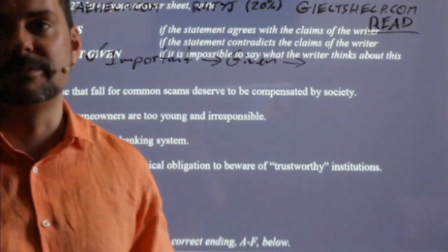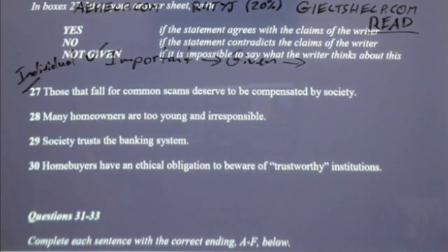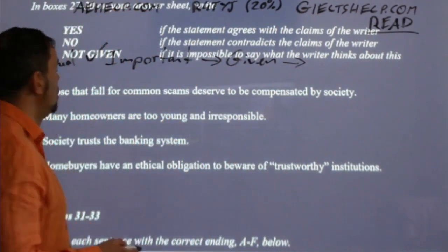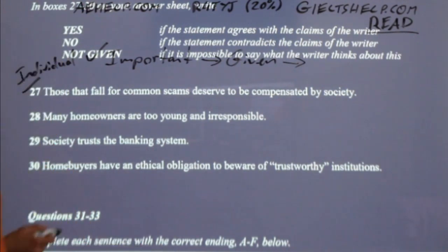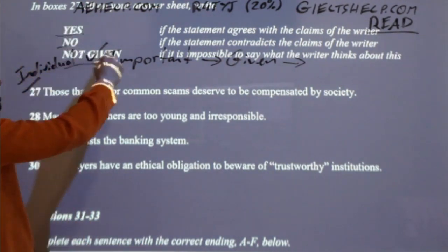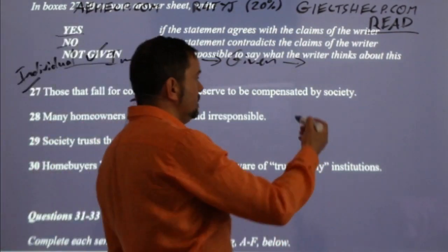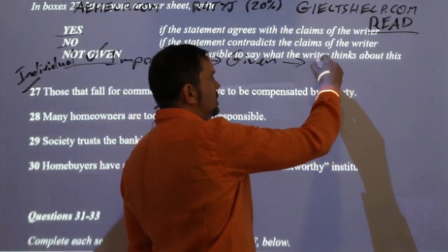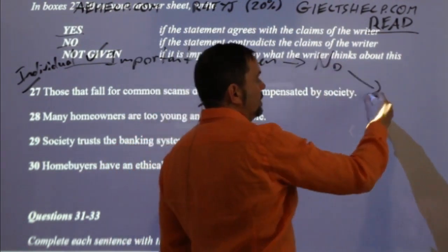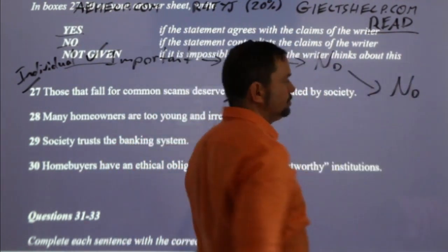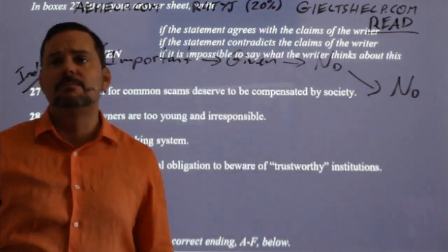Should governments and society compensate people? No, absolutely not. So remember, students, this is yes, no, not given. Abhishek, don't say false. You'll get it wrong. So you're right. It's not true. So it's no. Therefore, the answer is no. It comes from the second body paragraph.